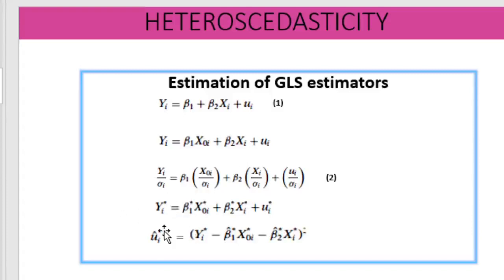Then this can be written as yi star equal to beta 1 star x0i star plus beta 2 star xi star plus ui star. Then ui cap star equals yi star minus beta 1 star x0i star minus beta 2 star xi star. The steps are the same as the OLS estimators.